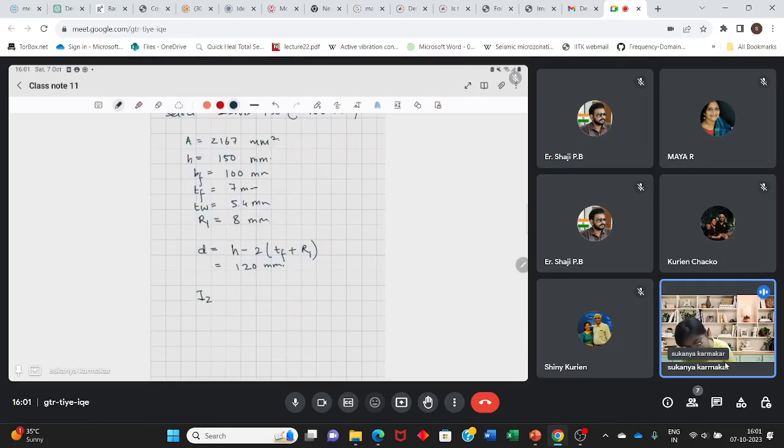Moment of inertia about the z-axis is 839.1 into 10 to the power 4 mm to the power 4.